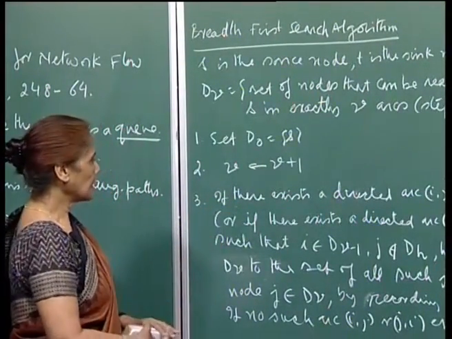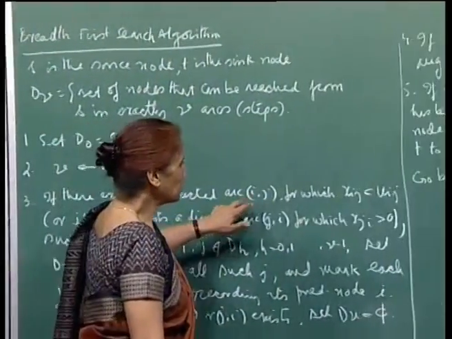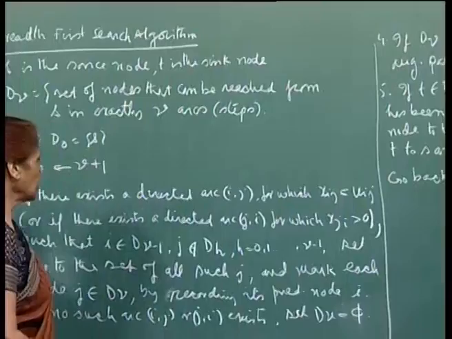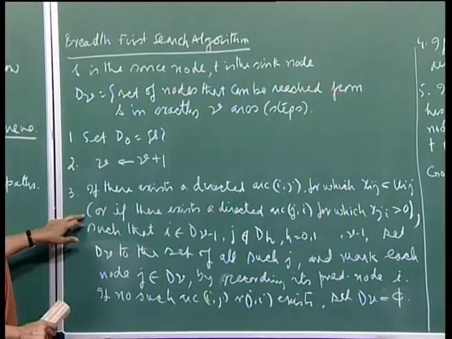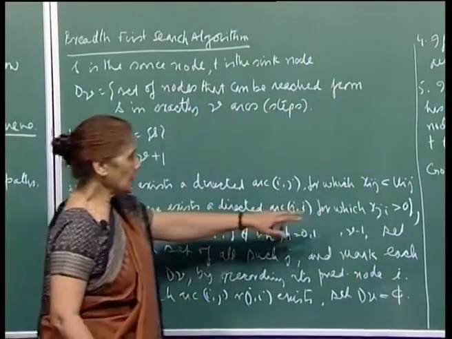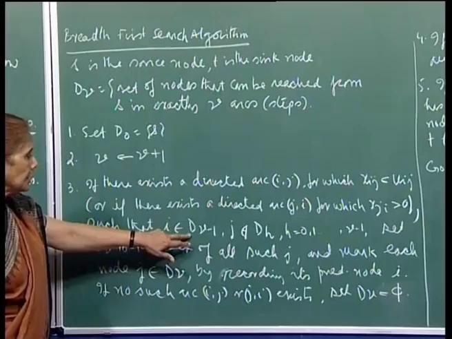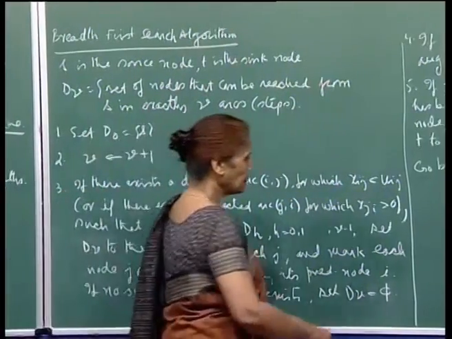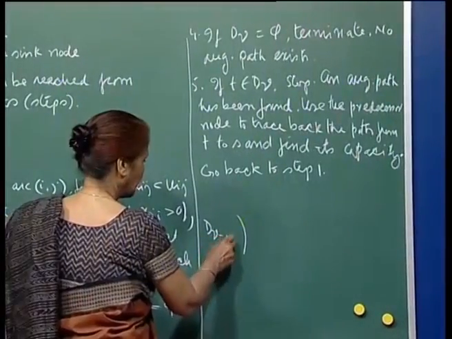And how do you construct it? If there exists a directed arc i j for which x i j is less than u i j, or if there exists a directed arc j i for which x j i is greater than 0, and such that i is in D nu minus 1. So, what we are saying is that suppose this is your set D nu minus 1.